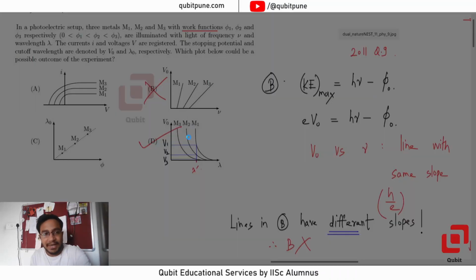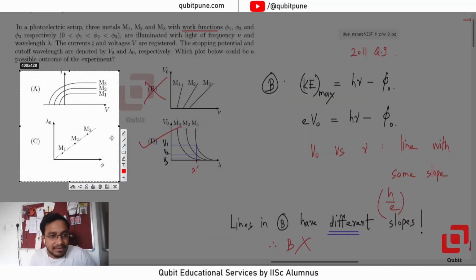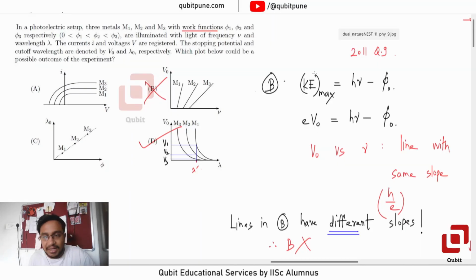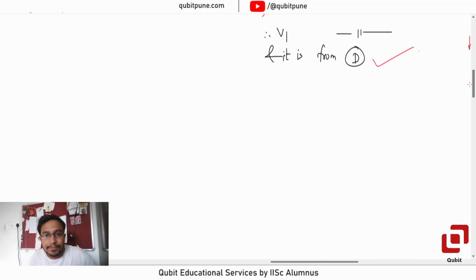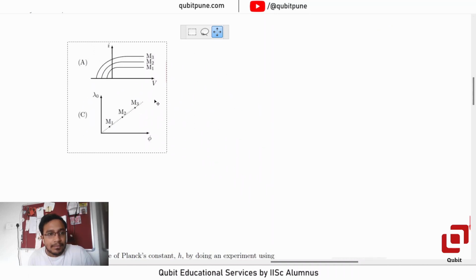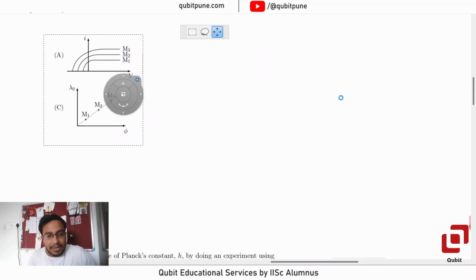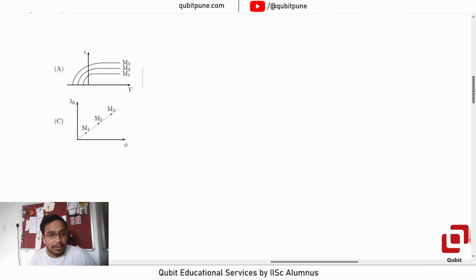But let's also argue why A and C are not right. Now look. In C we have the cutoff wavelength lambda naught with the work function phi.